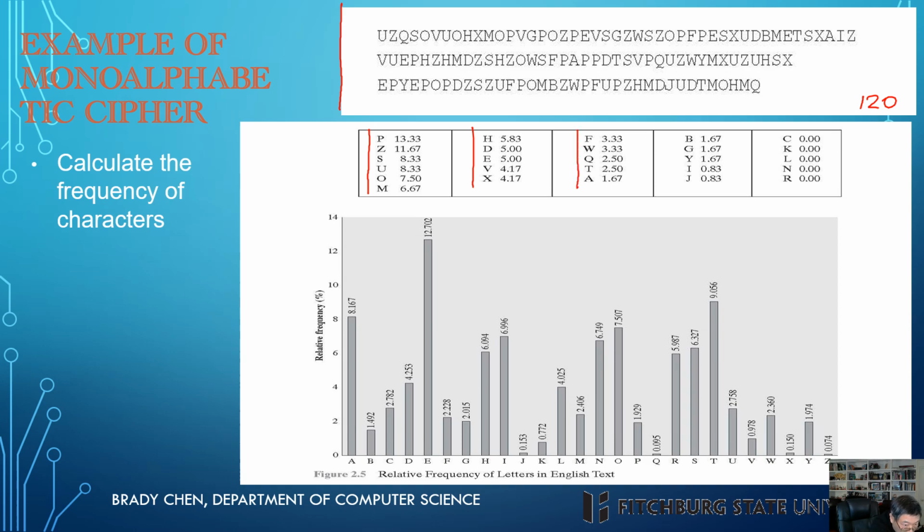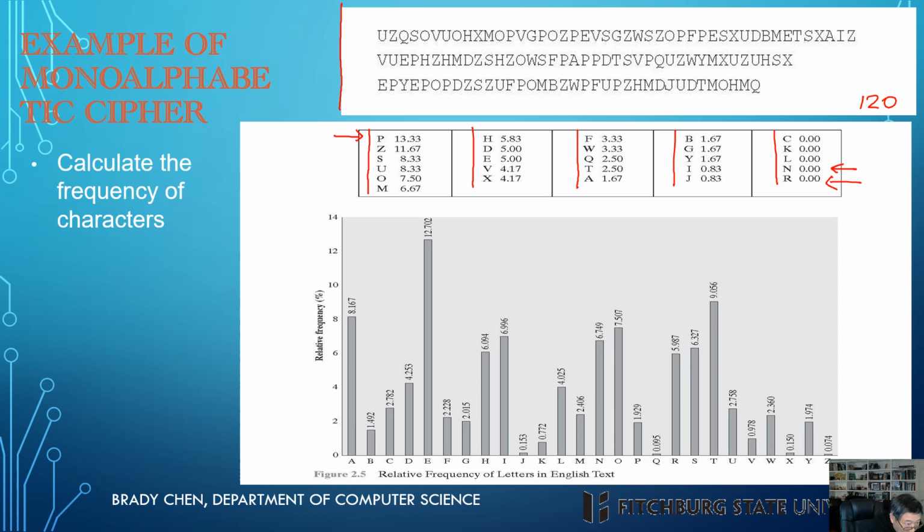We line up the letters based on the number. So P has the highest frequency, and R, N have a frequency of 0, which means they never appear in the ciphertext. Now let's take the example of P, to figure out how we calculate the frequencies.